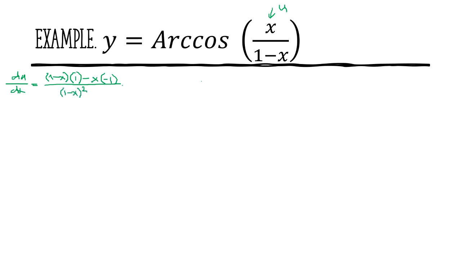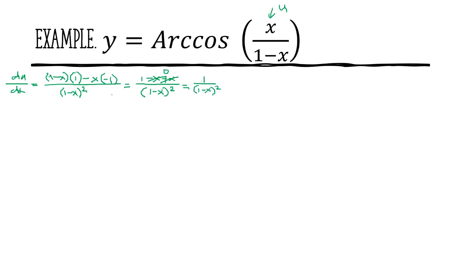Simplifying this, we have 1 times 1, that is 1, negative x times negative 1, that is positive x, all over the square of the denominator. In the numerator, negative x plus x is just equivalent to 0. So our derivative of u is just 1 over 1 minus x squared.